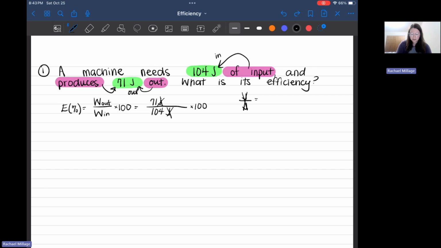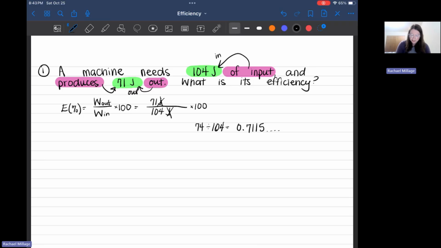It does not matter. So now I need to put this into my calculator. So I'm going to start by doing 71 divided by 104. And that gives me 0.7115, and it keeps going, but that's all I'm going to write.